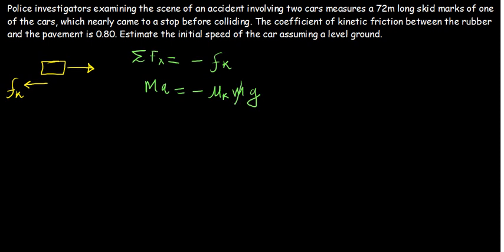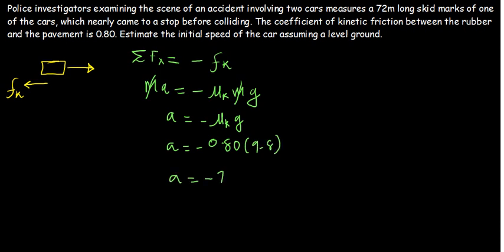So the masses cancel out because in this case acceleration will not be dependent on the mass. Acceleration is going to be equal to negative mu k, 0.80, times gravity 9.8, giving us an acceleration of negative 7.84 meters per second squared.